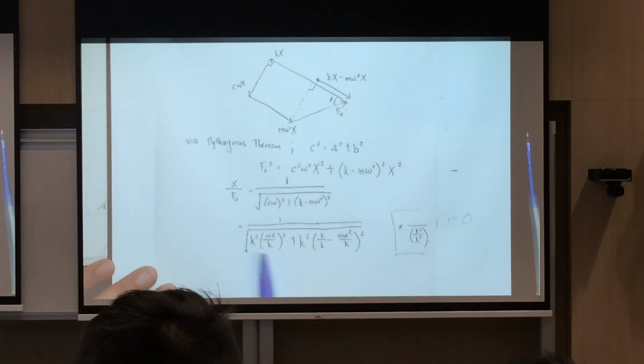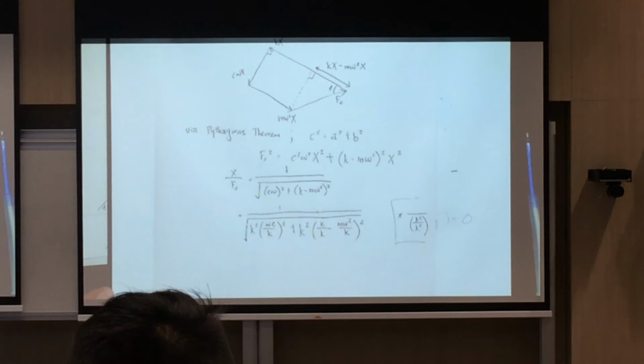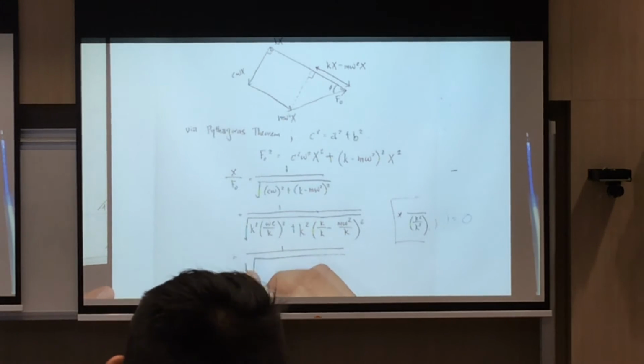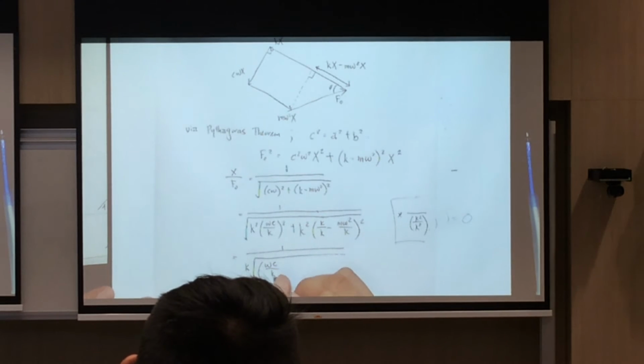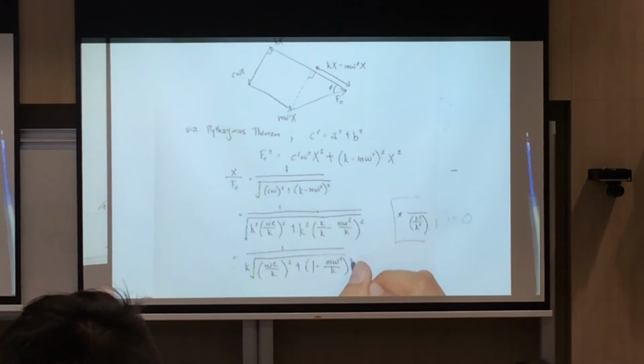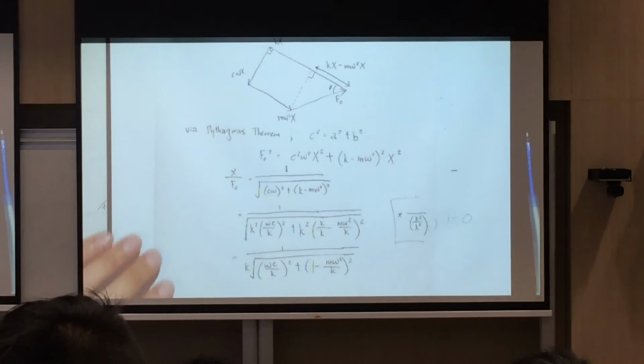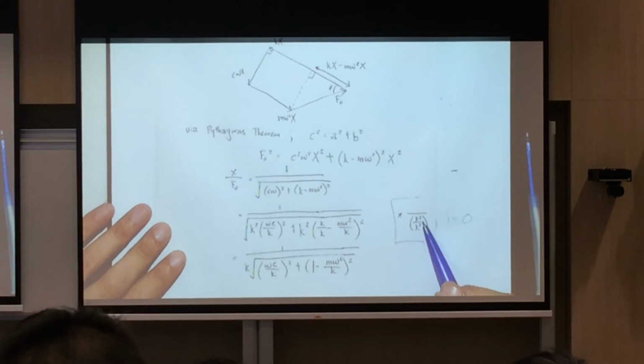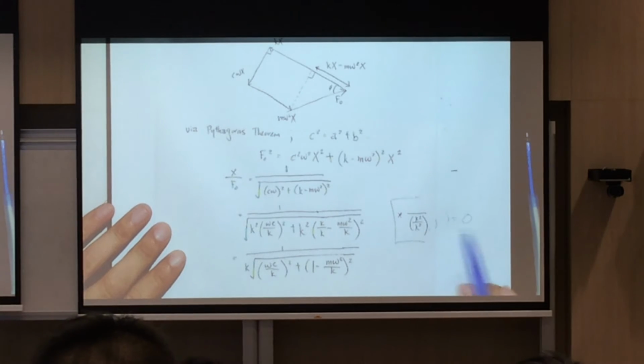Likewise, k squared over k squared. Can I just multiply by k squared at the bottom?